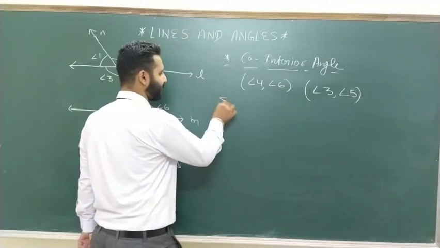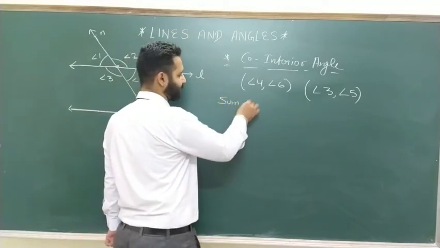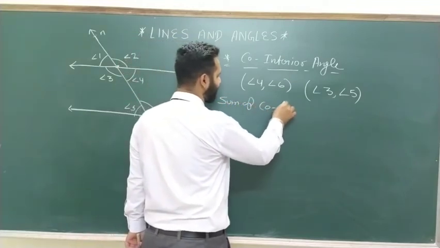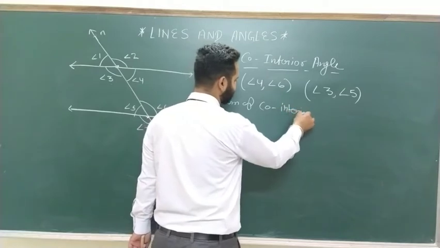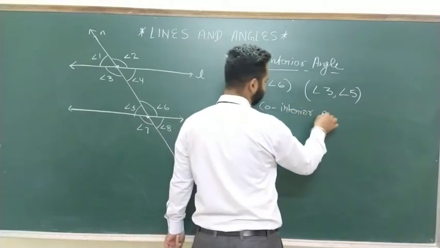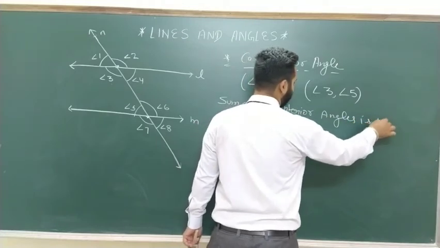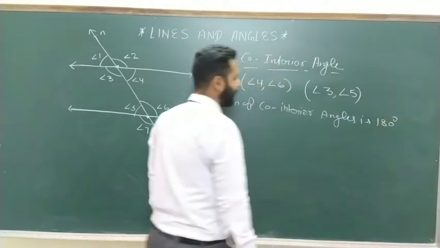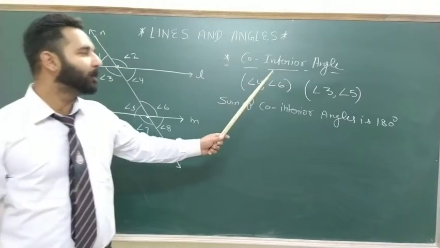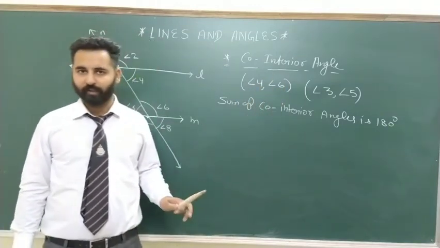The sum of co-interior angles is 180 degrees. Means we can say angle 4 plus angle 6 is equal to 180 degrees.